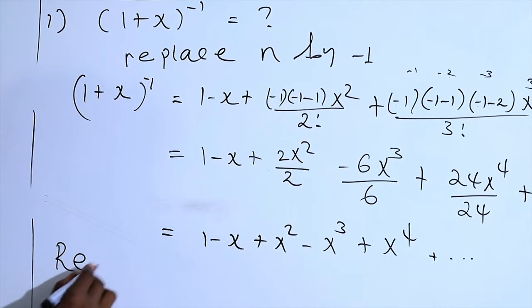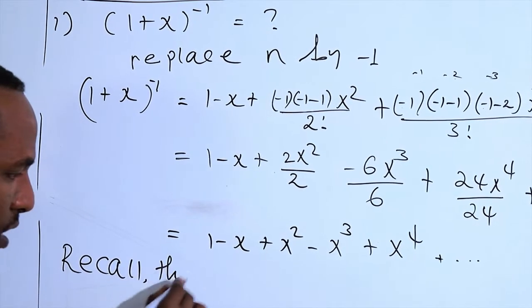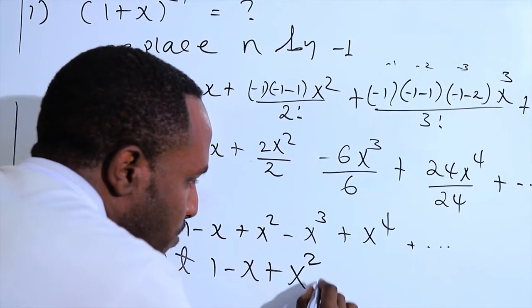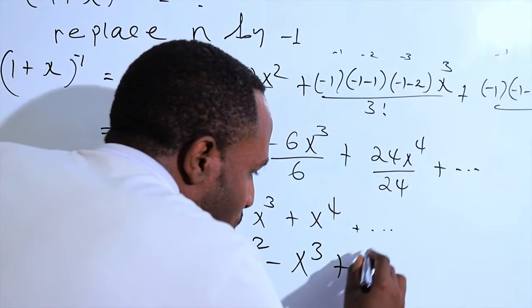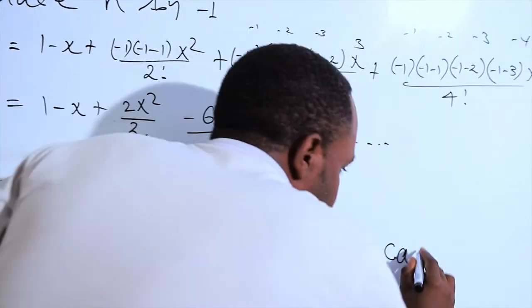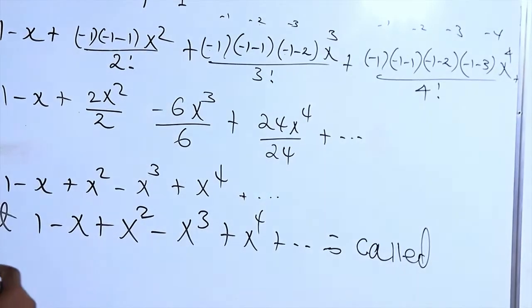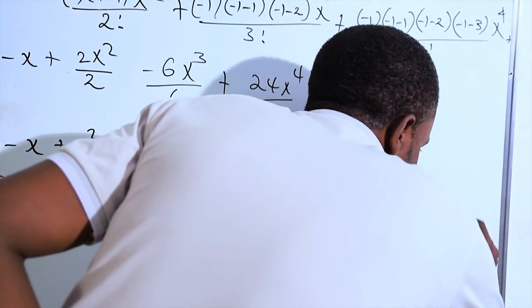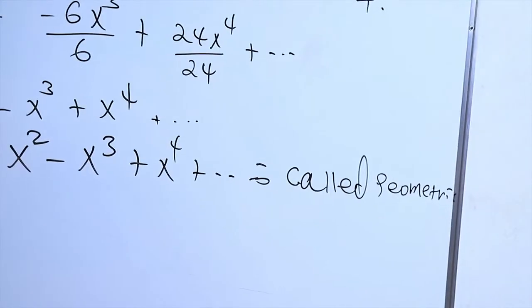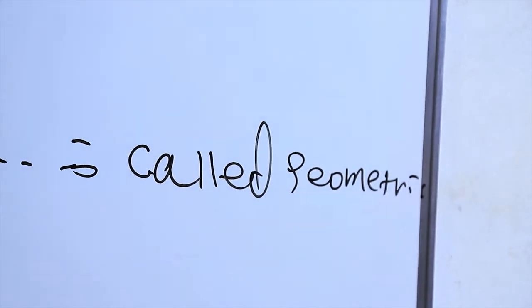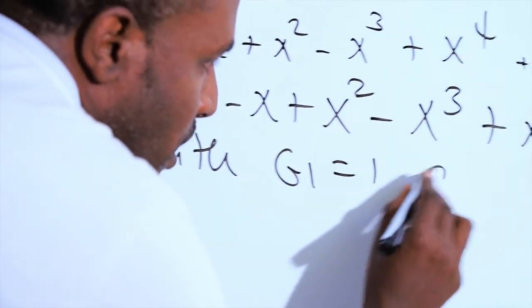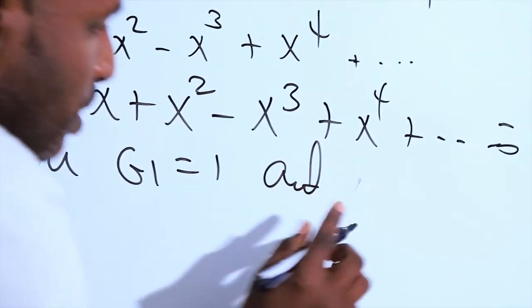Recall that 1 minus x plus x square minus x cube plus x to the 4 plus, and so on, is called the geometric series with the first term g1 exactly 1 and the common ratio r.